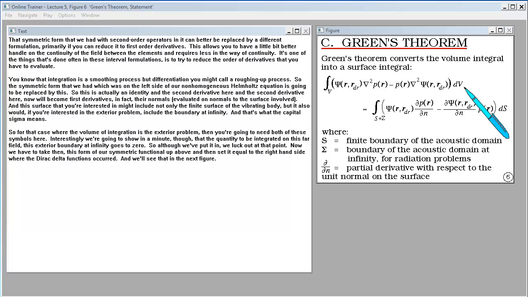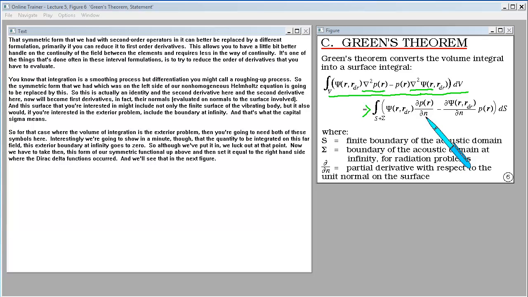So the symmetric form that we had, which was on the left side of our non-homogeneous Helmholtz equation, is going to be replaced by this. This is actually an identity, and the second derivative here and the second derivative here now become first derivatives. In fact, there are normals to the surface involved.